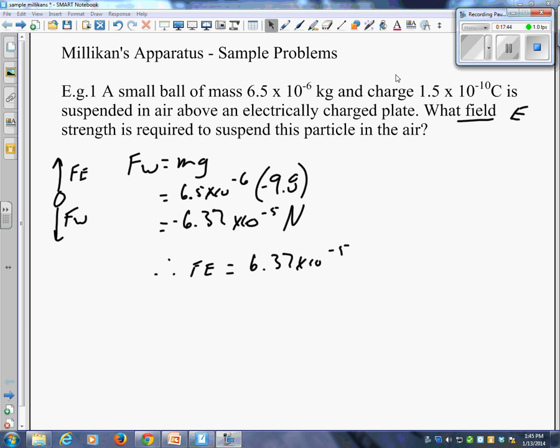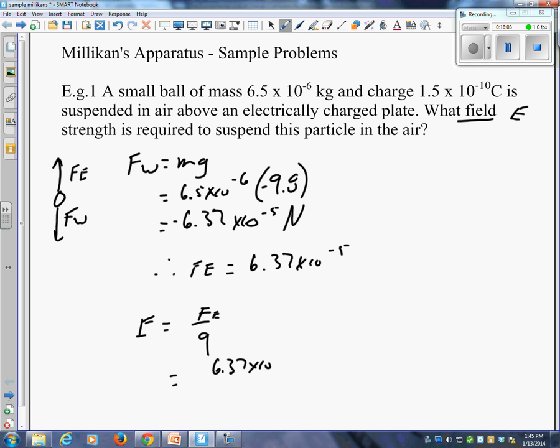I'm asked to find what field strength. So what E? Now, E equals F over Q. My Fe, the electric force, is my 6.37 times 10 to the minus 5. The charge is given, 1.5 times 10 to the minus 10. And yeah, you really need to be able to handle your calculator. Is that E or F?